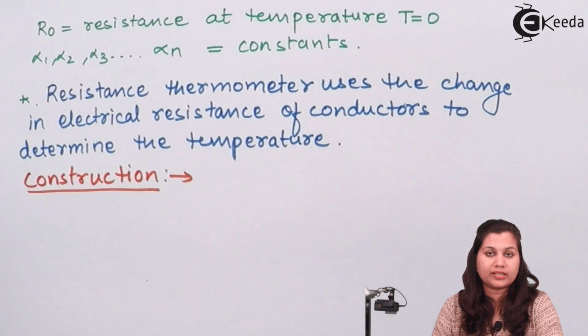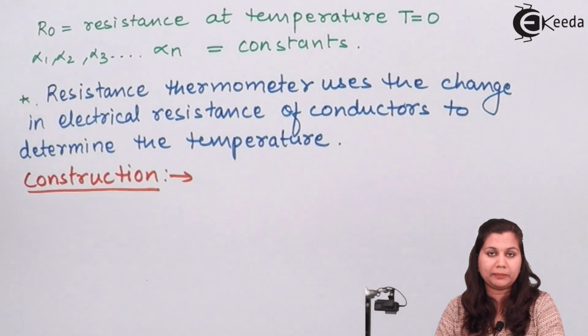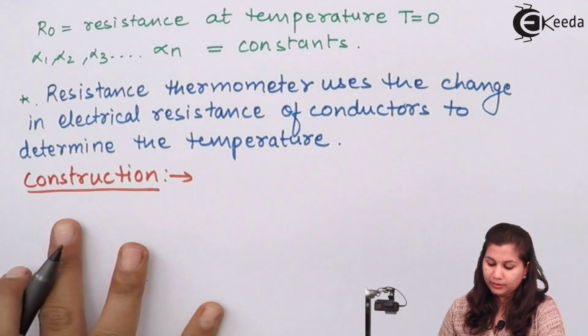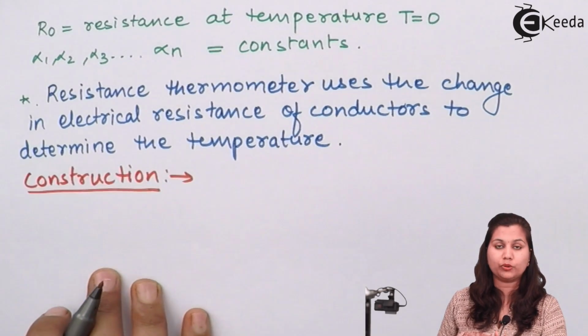If we talk about its construction, resistance thermometers most probably use platinum as the constructing material. These RTDs are made up of platinum. Here we can use metals and semiconductors also.